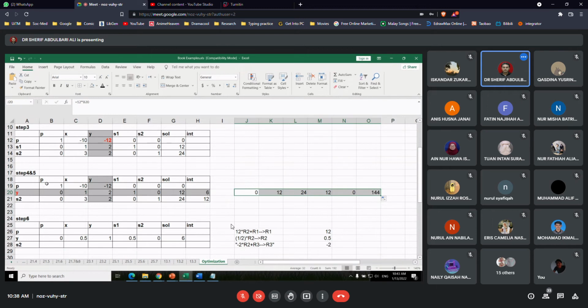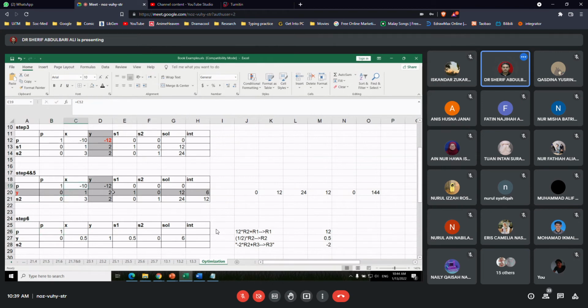So 1 minus 0 is equal to 0. That's it. Okay, so now we are doing it like this. 1 minus 0, so the answer here is equal to 1.